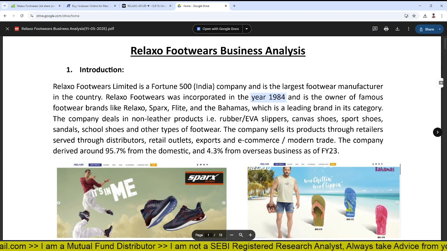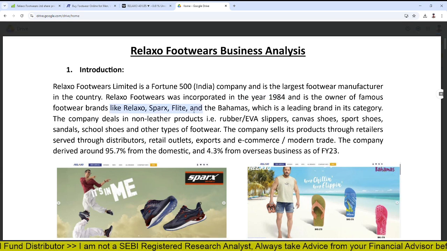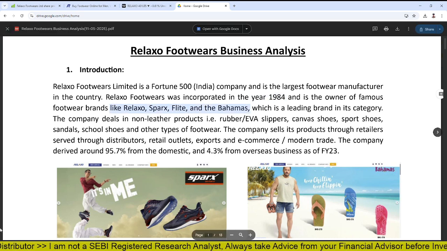They provide brands like Relaxo, Sparks, Flite and Bahamas, which are leading brands in their category.